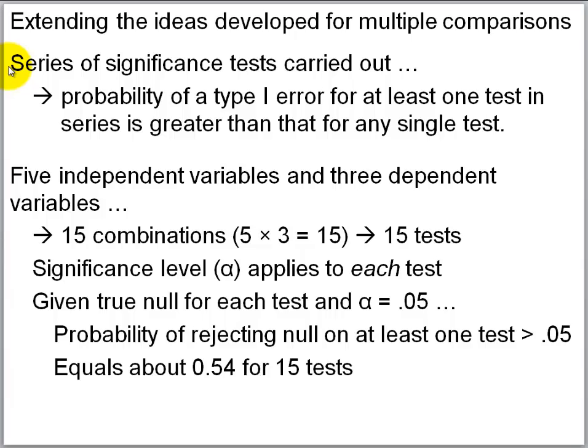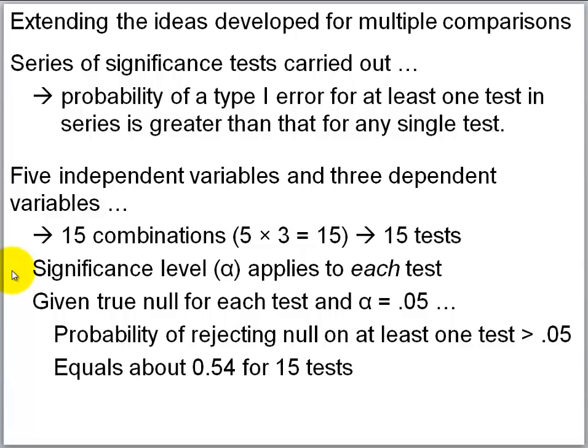But the probability of at least one type 1 error being committed for the entire series of tests is greater than this. So, for instance, suppose that we had 5 independent variables and 3 dependent variables. Well, there would be 15 different combinations of tests that we could carry out. The significance level, alpha, applies to each test.